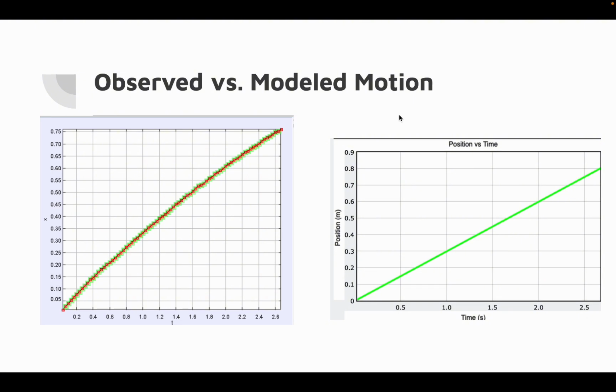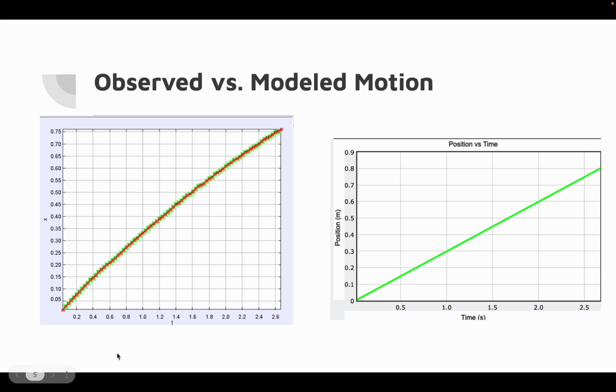I ran the code. I got the position versus time graph that is seen here on the right, and the position versus time graph on the left comes from the Tracker data.